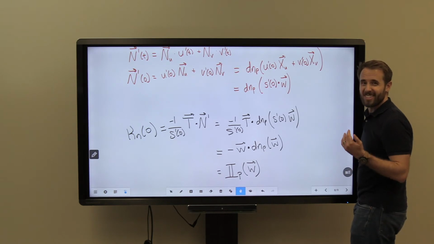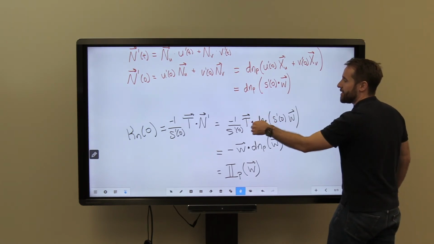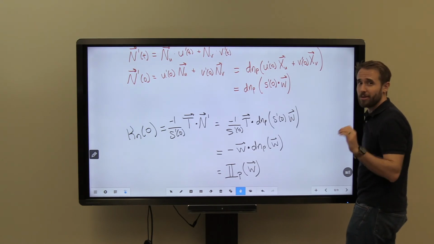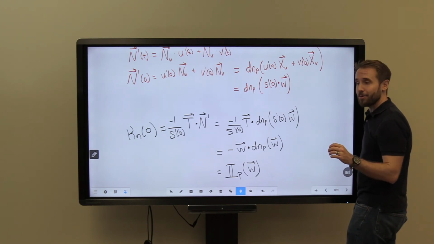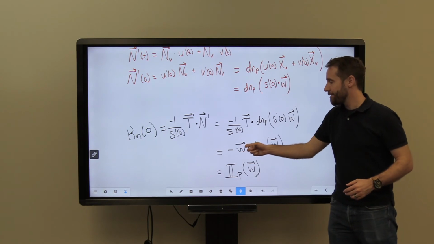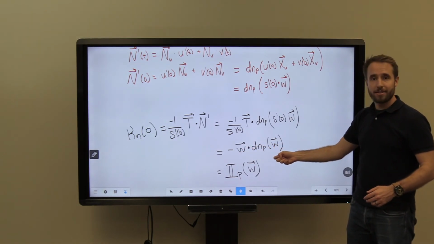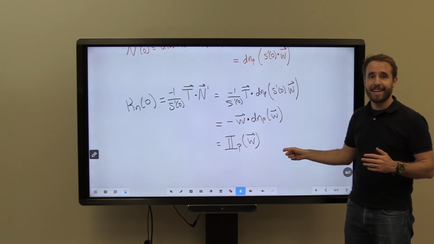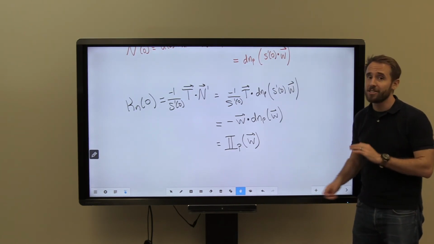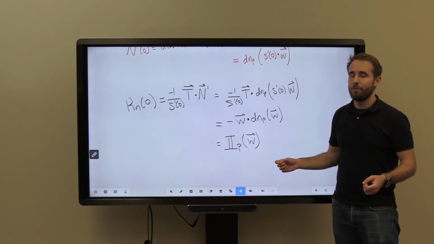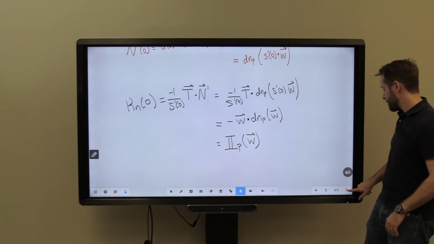It is equivalent to T, right? So our unit tangent vector, I should say at the point 0, at the point we're actually looking at, is exactly the direction w. So what do we get? We get at the end of the day that all of this is just negative w dot dn sub p of w, and that was just how we defined our second fundamental form to begin with. So this is just the second fundamental form of w at p, which is fantastic.